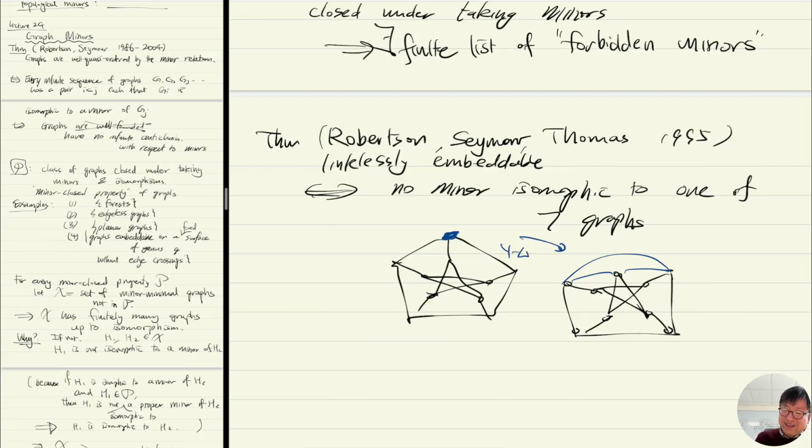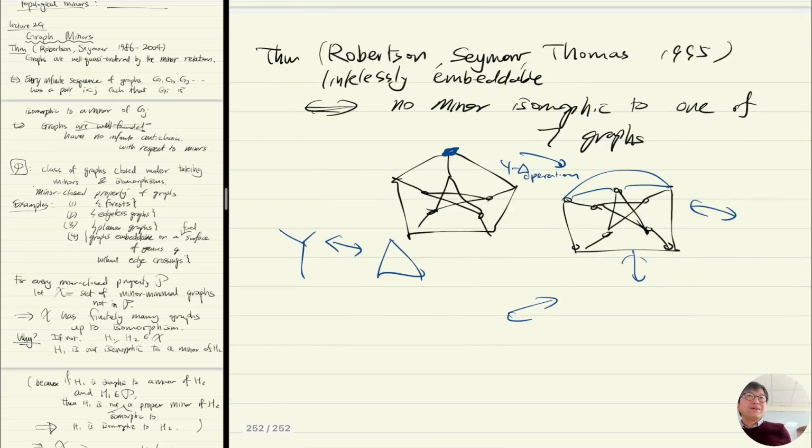So this is the Y-delta operation, because what looks like a Y becomes a delta. The Y is this way. So any graph obtained by these Y-delta operations is in the forbidden minors, and what they proved is that this is called the Petersen family. So linklessly embeddable graphs are precisely graphs without those 7 graphs as a minor.